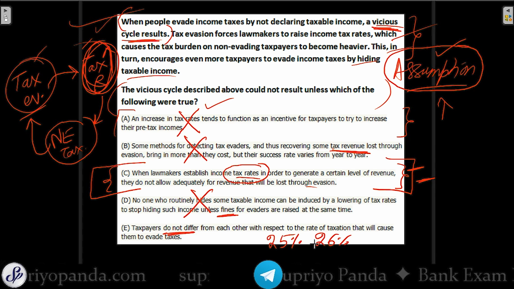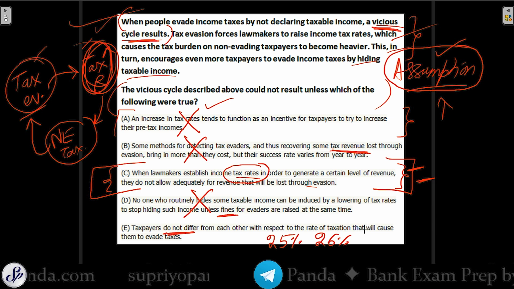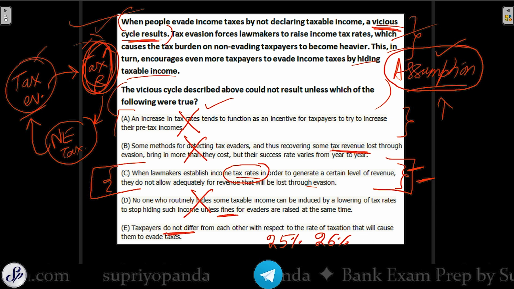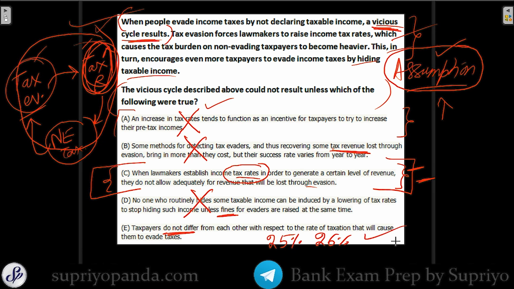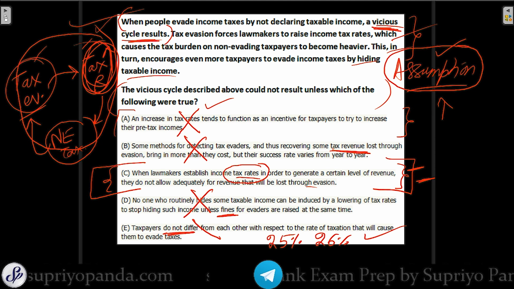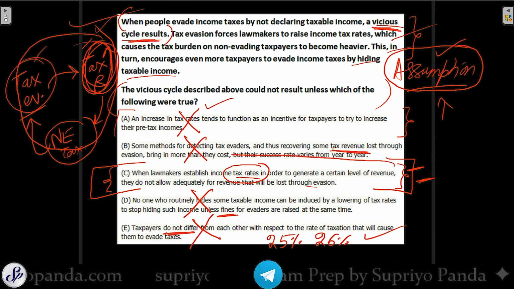So this means that everybody behaves the same. So if everybody behaves the same, then you cannot have this kind of a cycle. You will never have a cycle, because either everybody will be giving the tax or nobody will be giving the tax. So that is why this thing is also not true. So we are only left with C, and this is our answer.